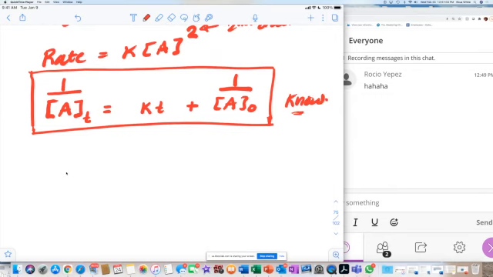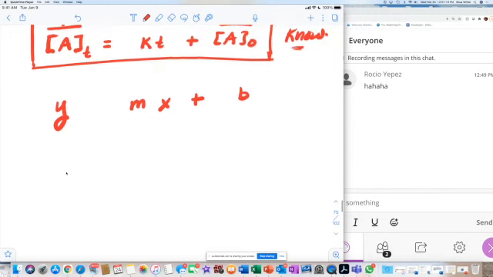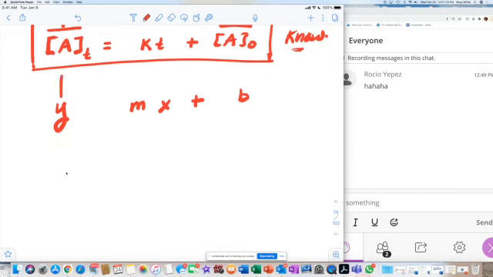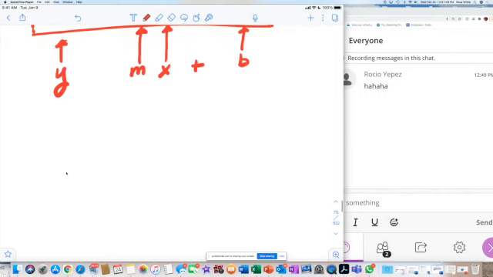Next thing is, how do you get the linear form from here? Okay. y equals mx plus b, right? Just like we did before, same thing. Your y will be labeled this. Your x will be labeled this. This will be your b, your y-intercept. This right here will be your slope. Okay. So as usual, we know it's a linear graph.